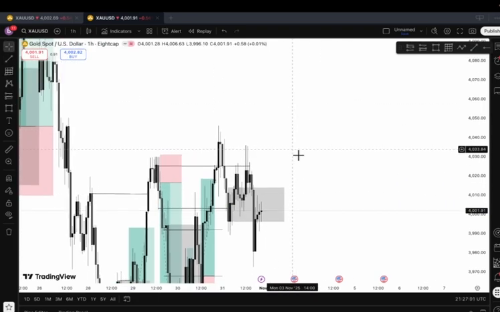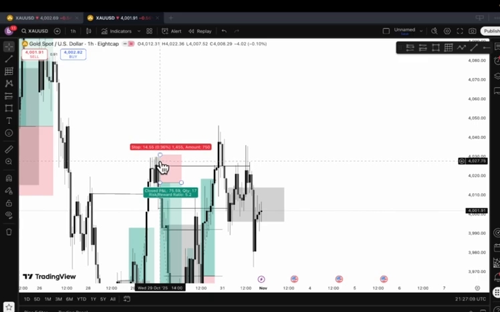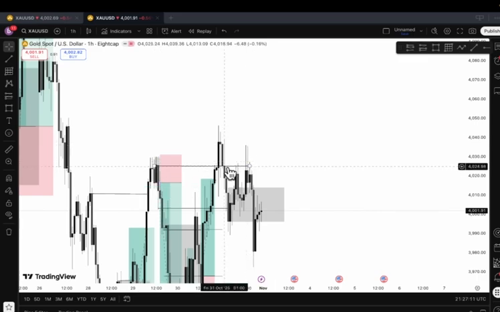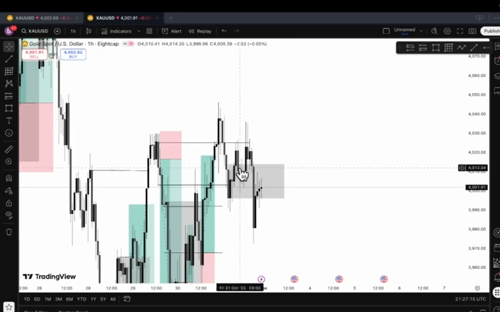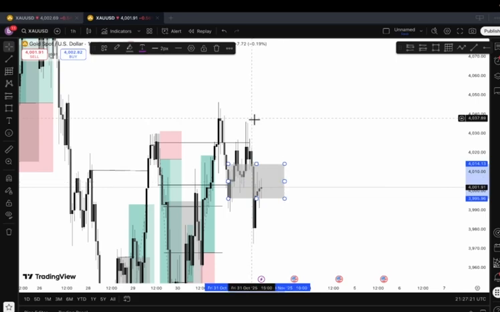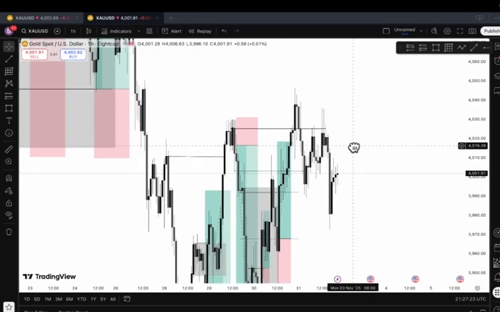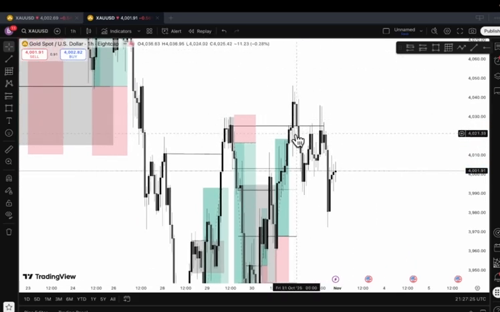But then I took a very unusual entry pattern, which was the QML kind of, because there was no key level here, and I knew that a sell would happen, but I did not know where price would create a key level around here on this 1 hour time frame.